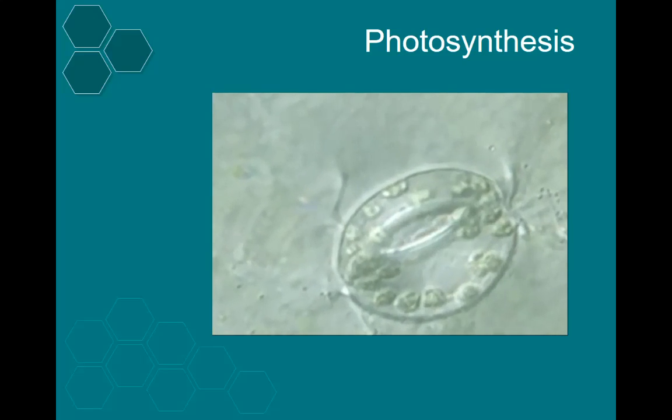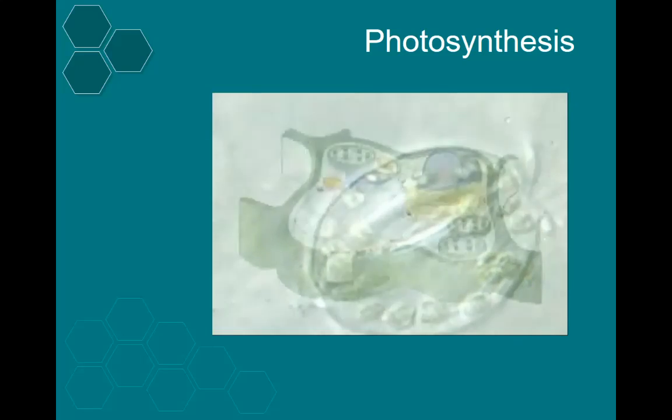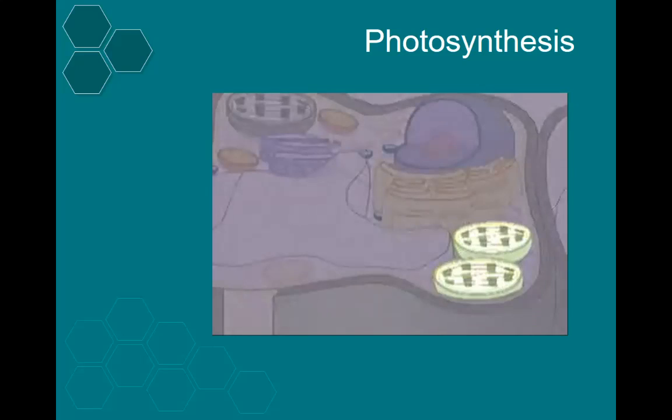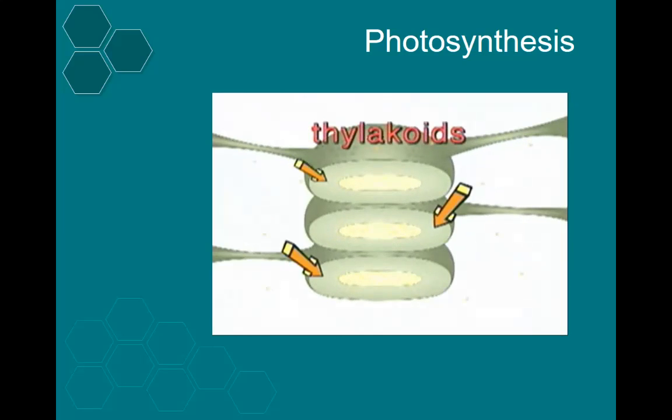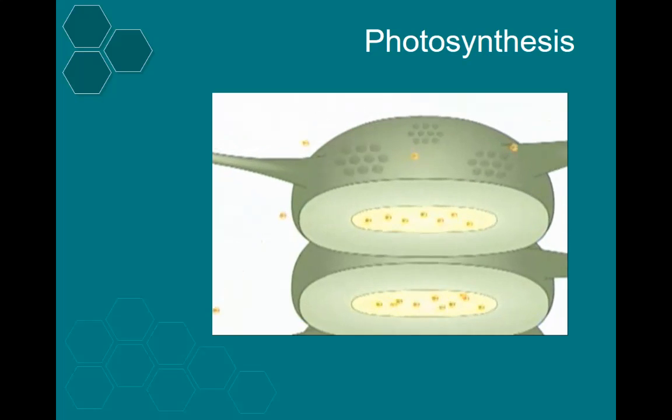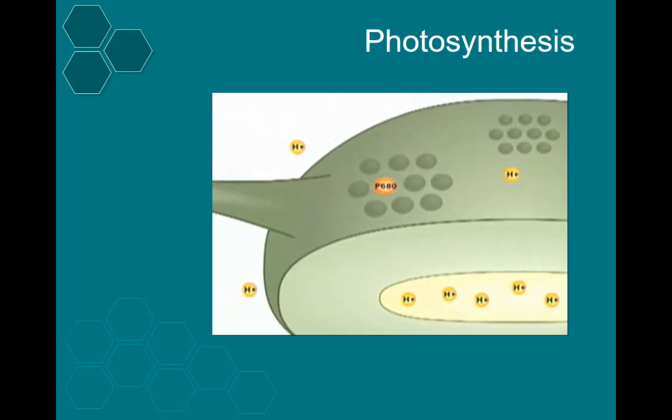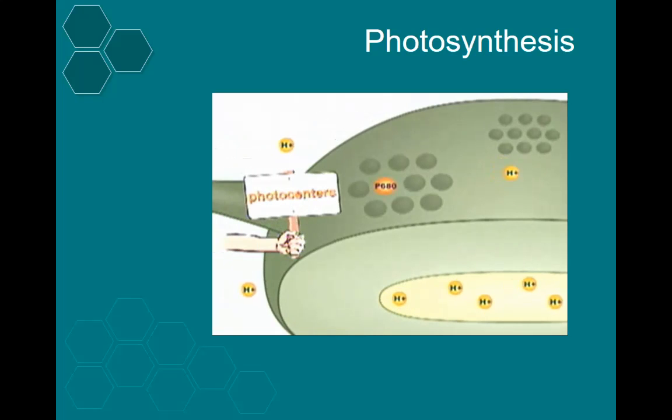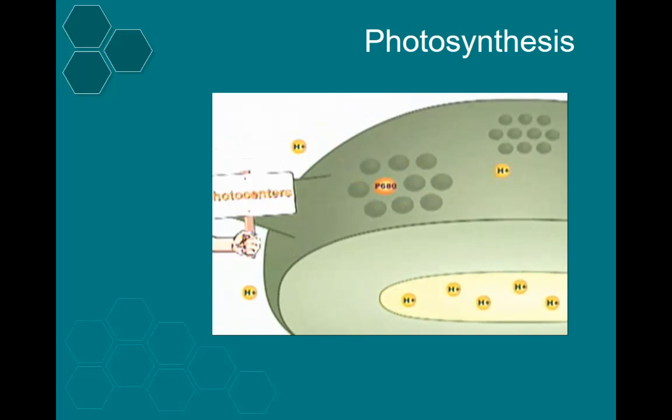Photosynthesis actually occurs in the leaves of plants. Inside the leaves are cells with organelles called chloroplasts, and inside the chloroplasts are flattened sacs called thylakoids. Within the thylakoids are clusters of chlorophyll molecules called photocenters. Photons of light are absorbed by these arrays of molecules.